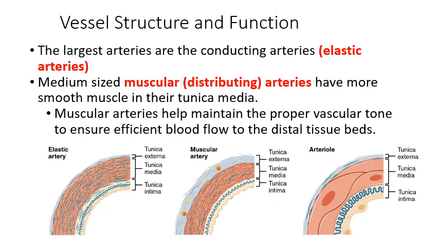All right, so looking at the structure of some of your large arteries, we can define arteries based on the composition of those different tunics. So elastic arteries, these are your largest arteries. Your aorta, for example, is an elastic artery. And that means that there's a lot of elastic fibers in the wall of that artery that allow it to stretch.